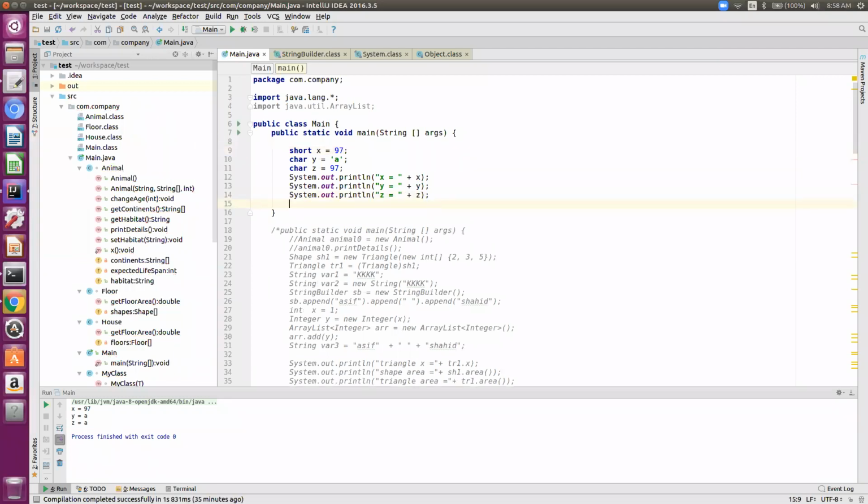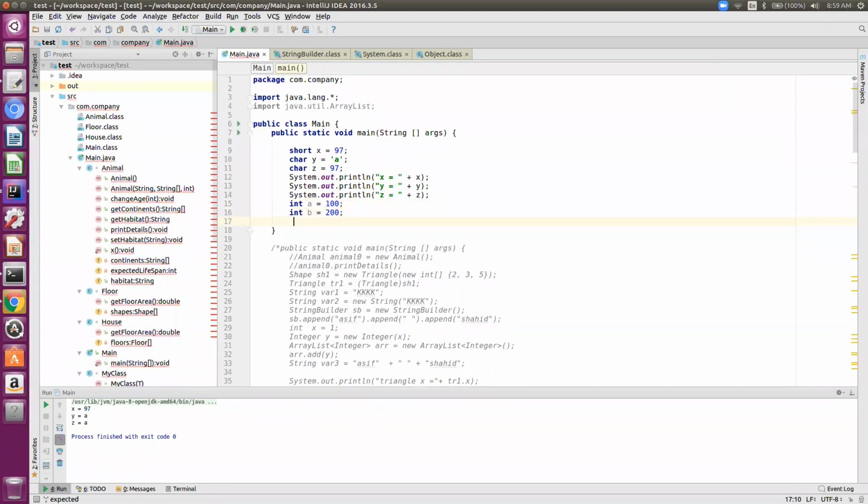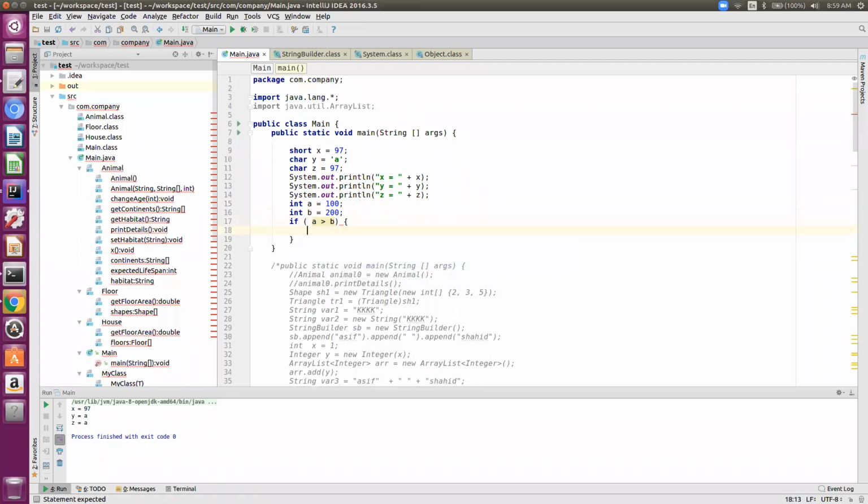Let me define int a equal to 100, int b equal to 200, and I write something like: if a greater than b, then System.out.println, a is greater than b.